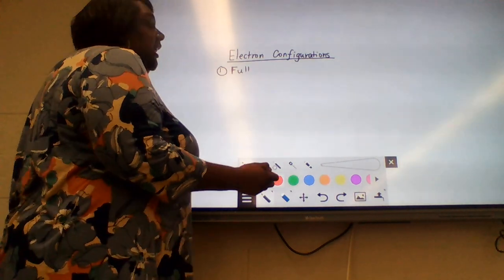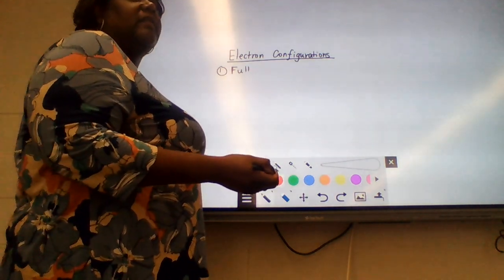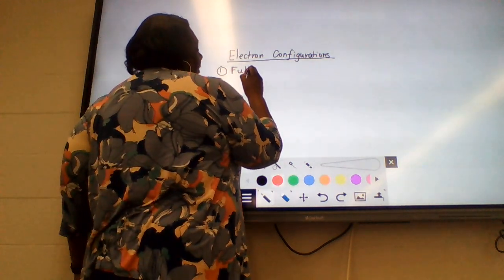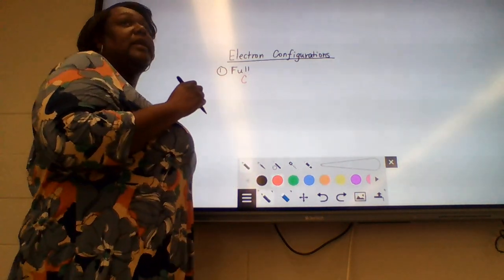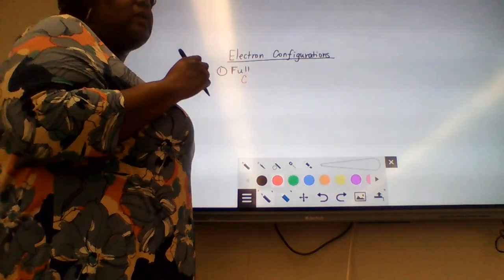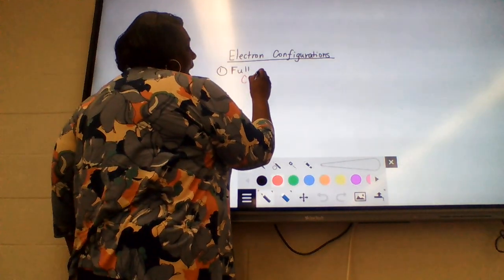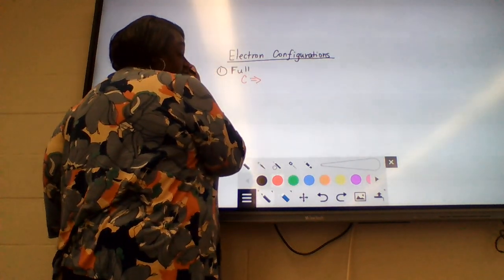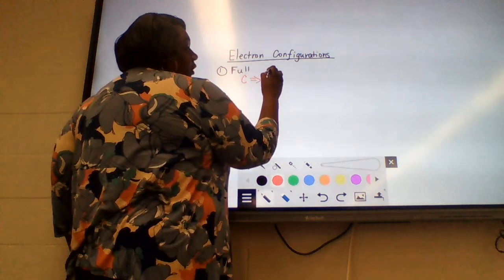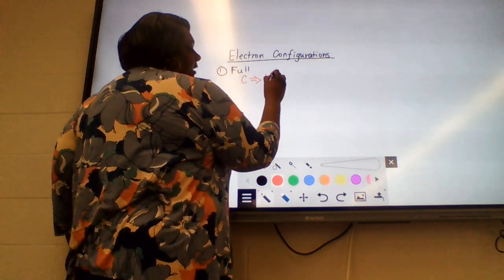Let's say we chose the element carbon on the periodic table. Carbon is element number 6. And so I know I have to start with the first element, which is hydrogen. Hydrogen starts on row 1 in the S block.